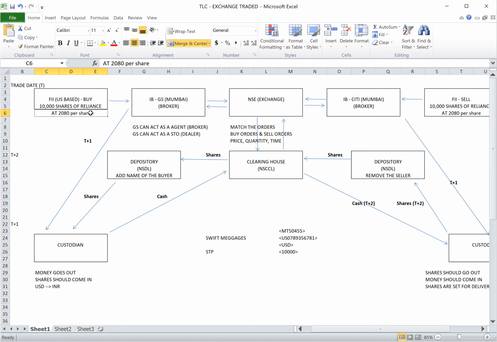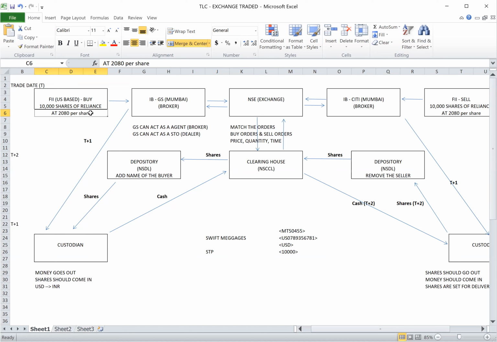Can anybody tell me quickly, search and tell me who is the custodian for HDFC AMC? Who is the custodian for HDFC AMC? Sir, it is Citibank and Deutsche and HDFC Bank Limited.